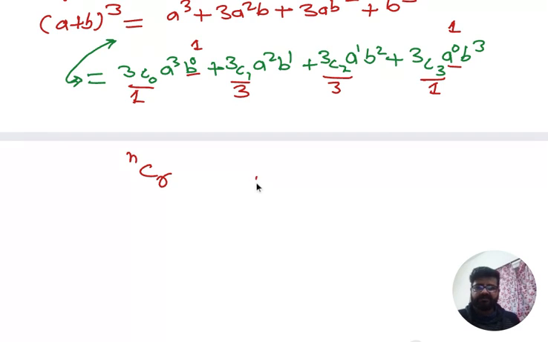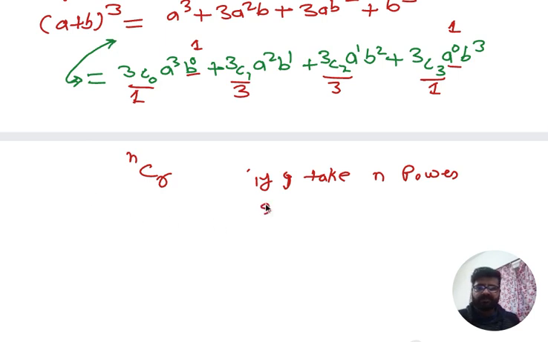If I take n power, I will just put n in the place of 3.